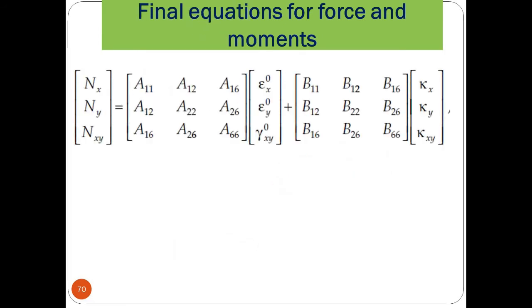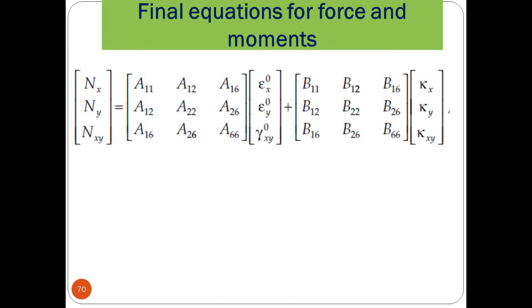Now we may have the final equation for force and moment. So the force equation finally comes out as Nx, Ny, and Nxy, and this is the A matrix, and this corresponds to epsilon x0, epsilon y0, and gamma 0 xy. Again, I am emphasizing the same equation which we had used for the final strains at certain curvature.